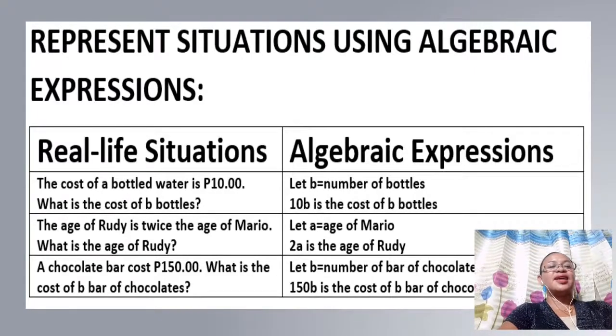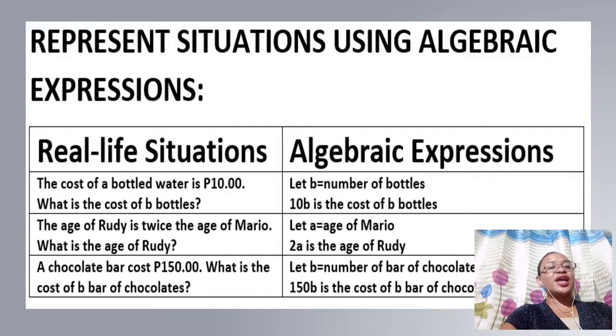Okay, the next, the age of Rudy is twice the age of Mario. What is the age of Rudy? Okay, so we know that the age of Rudy is twice, meaning 2 times the age of Mario. And so we let A be the age of Mario. We don't know the age of Mario. And so for the unknown values, we always represent it with a variable.